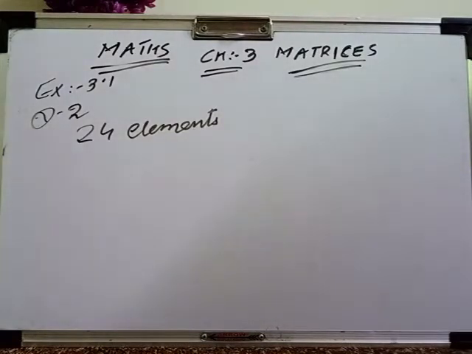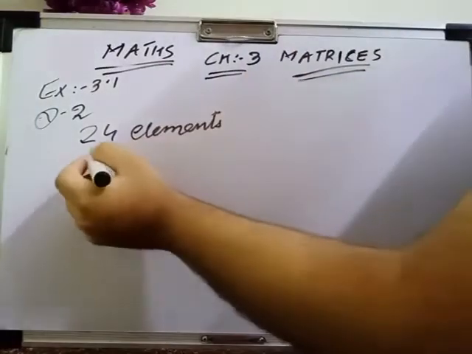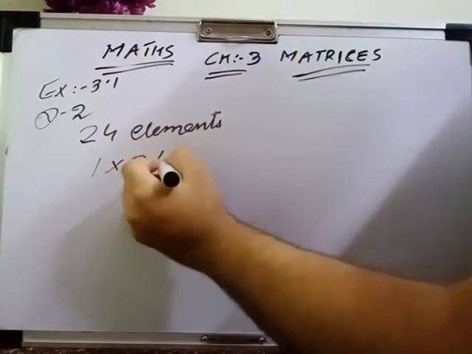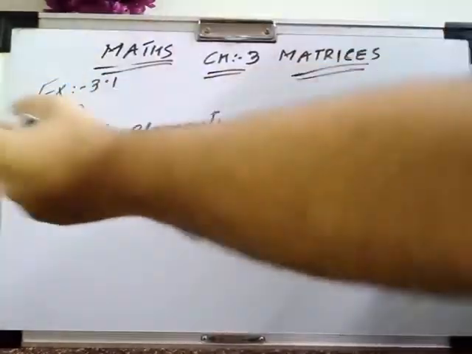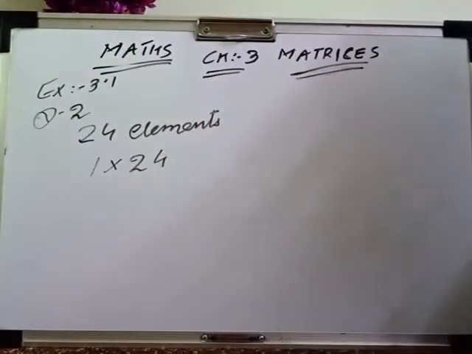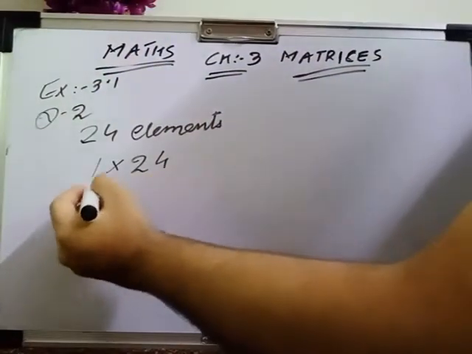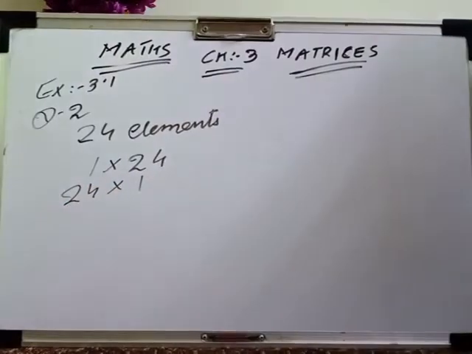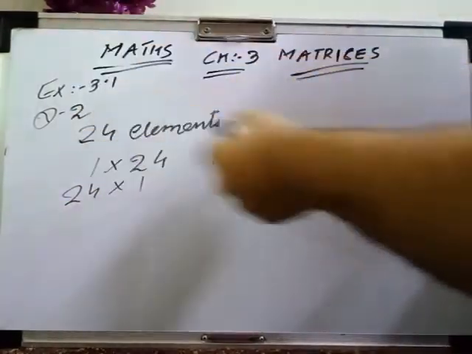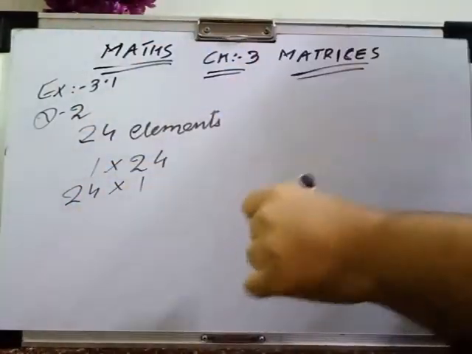First case is 1 cross 24, meaning taking row 1 and 24 columns, right? I can settle in 24 cross 1, meaning I will take 24 elements in rows and just one column.